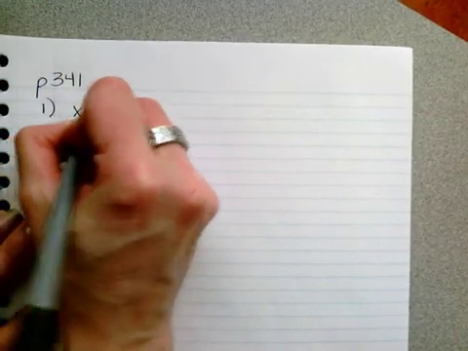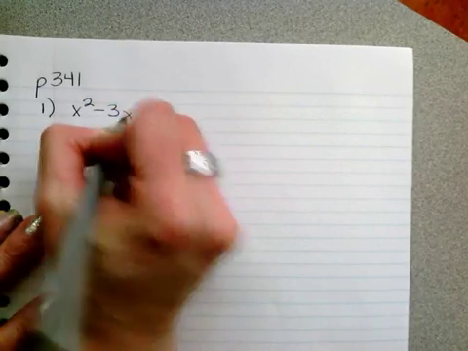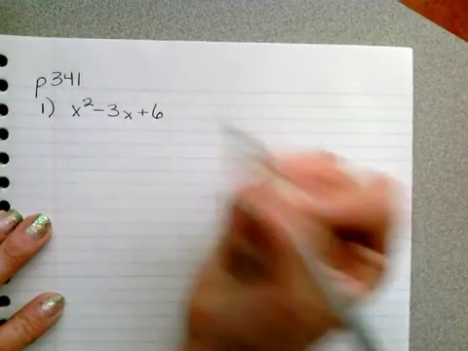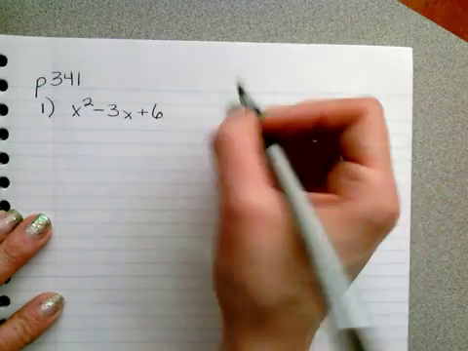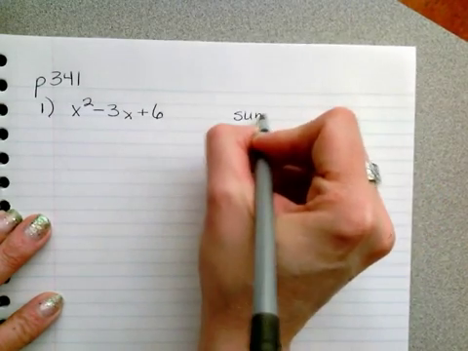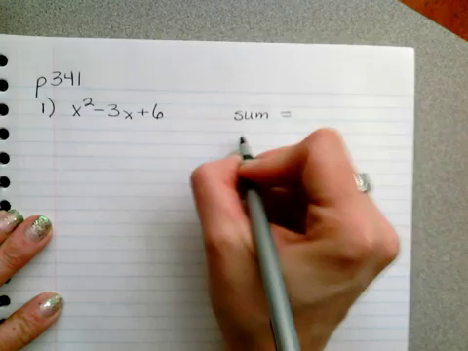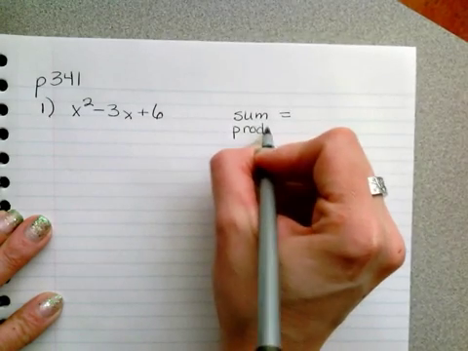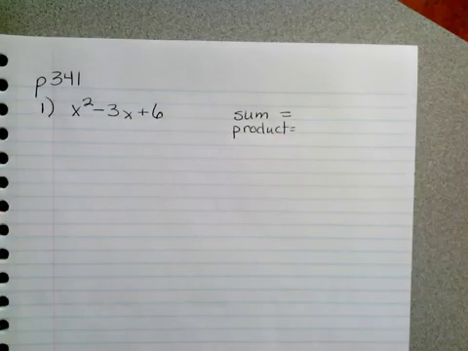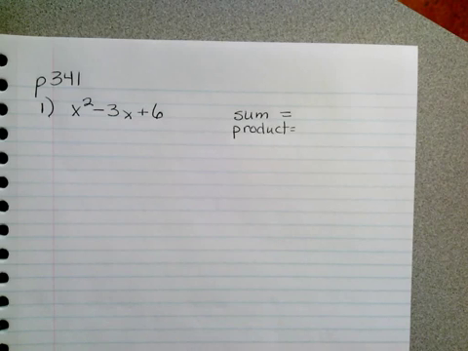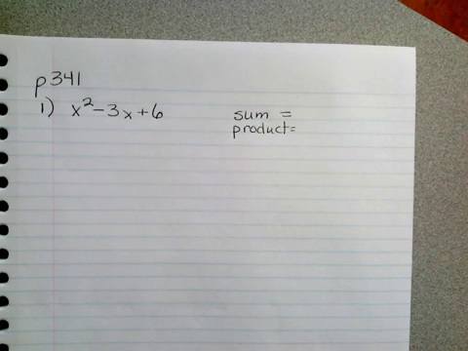They give me this. They want to know the sum, and they want to know the product. What do we know? We know that, hold on, I'm going back to the page for you.